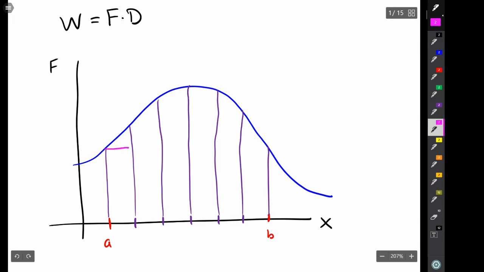So here, this would be the force value. This would be the force value. Here, here, here, and here. So on this little segment of distance, I'm going to approximate the variable force by this constant value, right?